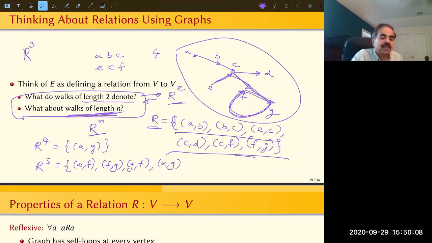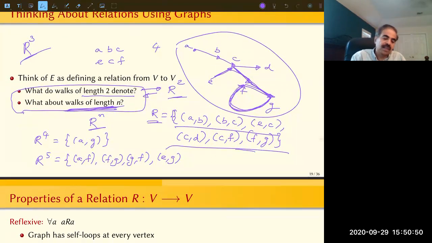We'll capture this, but you won't know whether it is a path or not by just looking at R to the power 3, because R to the power 3 will also contain C, F, G, F, and you can't tell whether there is a path of length 3 from C to F. So what I'm saying is that when there is a path, it's somehow represented in the corresponding relational composition, but you can't really tell just from that whether what you have is a path or not. It could be just a walk.